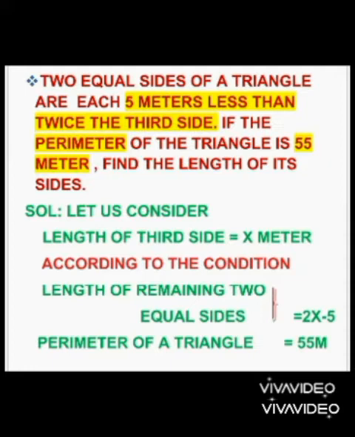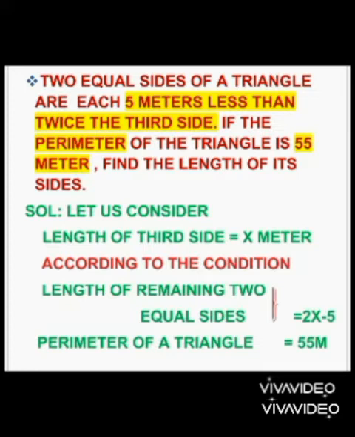So first let us consider the length of the third side of the triangle to be x meters. According to the condition, the length of the remaining two equal sides will be 2x minus 5, because they have given 5 meters less than twice the third side, means 2x minus 5 meters.